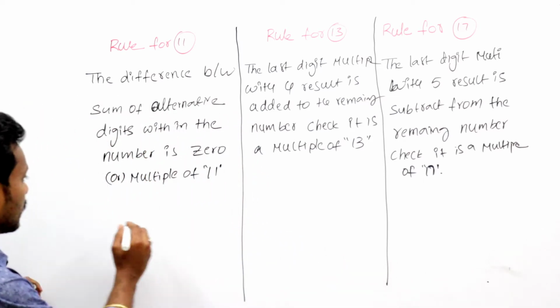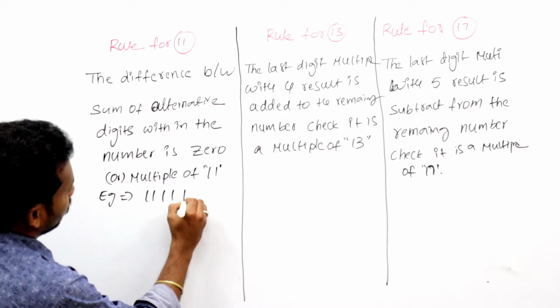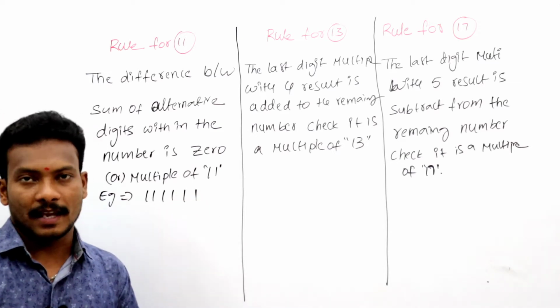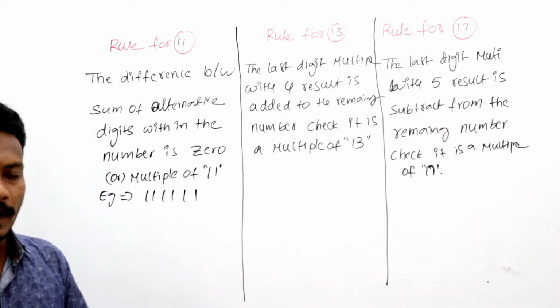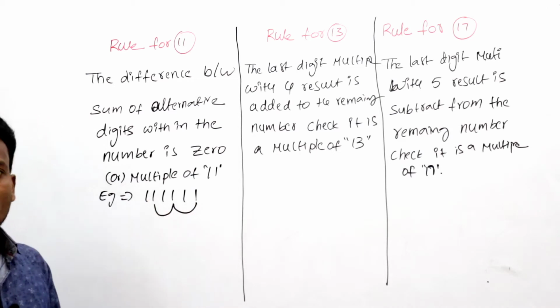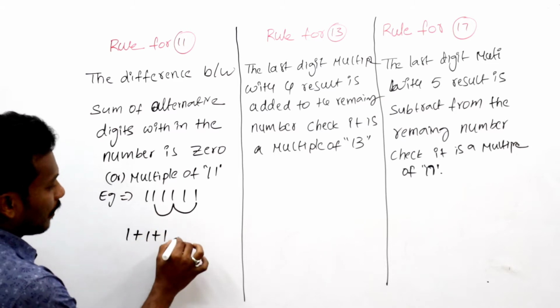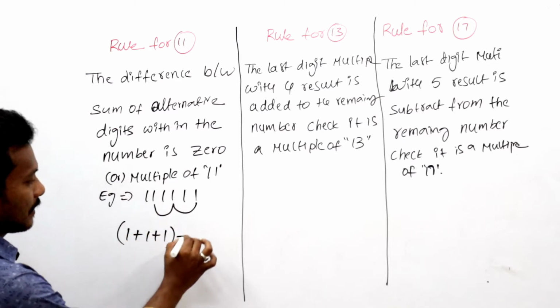One easy example: 1 1 1 1 1 1. What we have to check? First separate the alternate digits. These alternate digits 1 plus 1 plus 1 is 3.